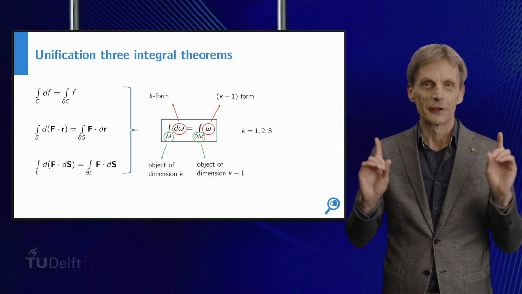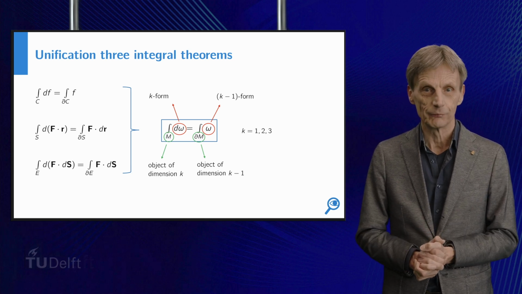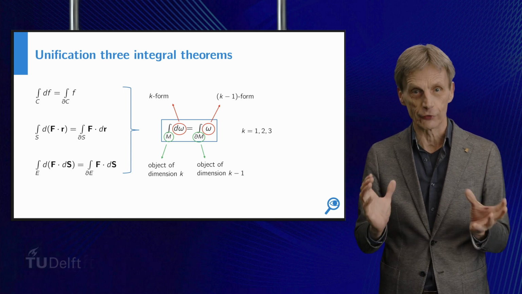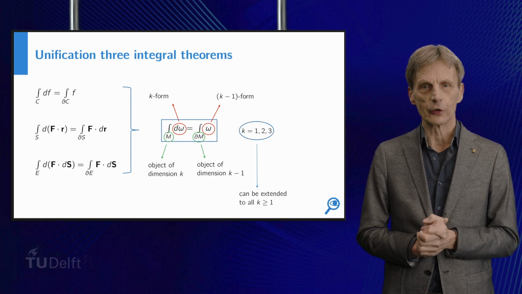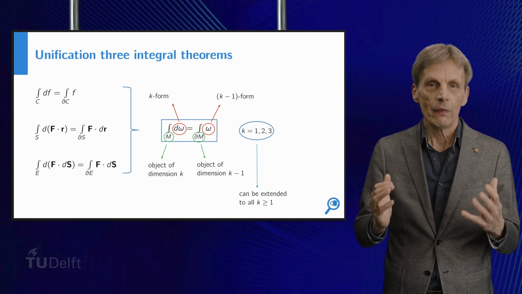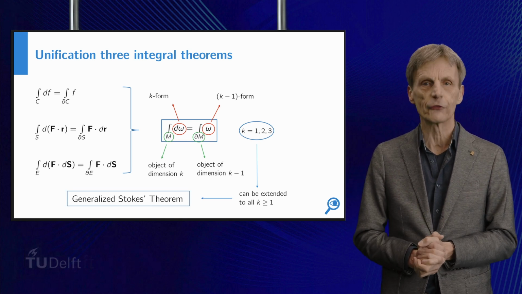So here we have it, a clear formula which unifies the three integral theorems. Now the great thing is that this formula does not only hold for k equal to 1, 2 and 3, but for all k greater than or equal to 1. In this more general setting, the formula is referred to as generalized Stokes' theorem.